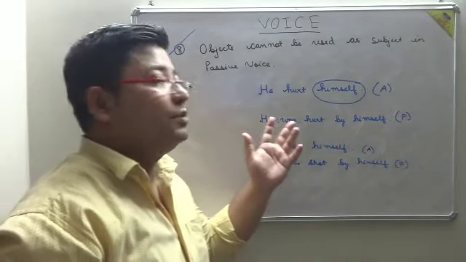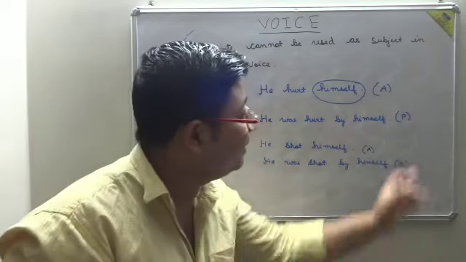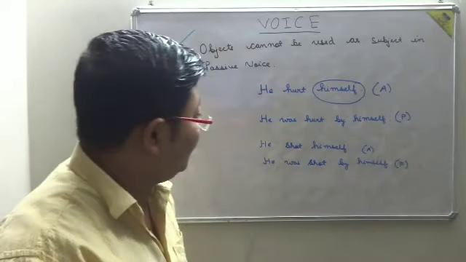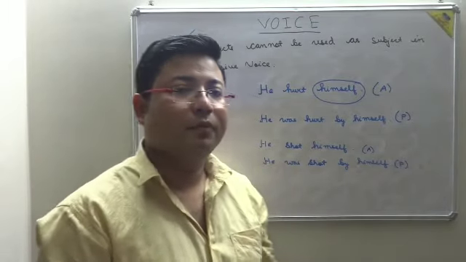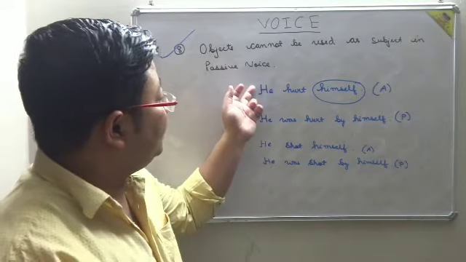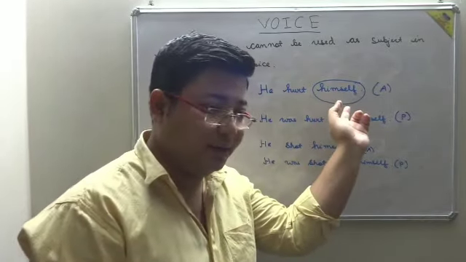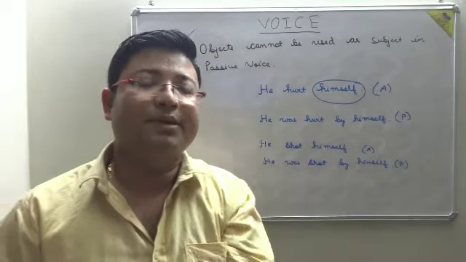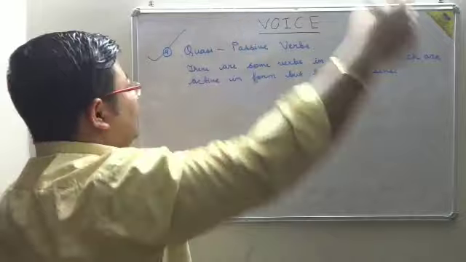So remember this type of sentences. He hurt himself. He was hurt by himself. This is the active voice. He shot himself. He was shot by himself. There are certain sentences where you cannot use the object as subject in passive voice. Is it clear?